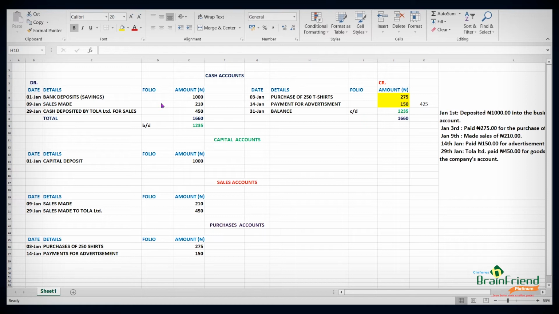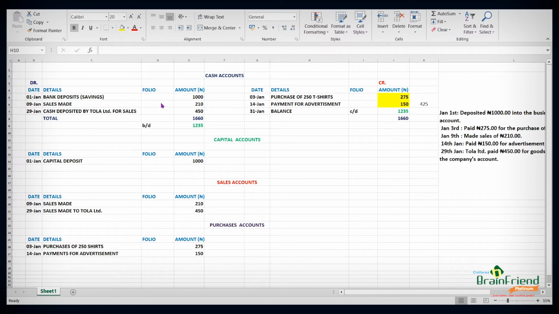All right, class. This session is an explanation of how we can successfully key in the data that was given to us in the course of the lesson. Remember, I gave us different transactions that took place for a particular firm in the month of January. So we will try to categorize those transactions into the debit side of a typical double entry account and also the values that should appear on the credit side.